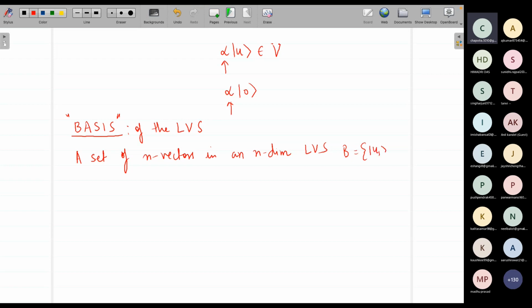So U1, U2, let's say Un. So a set of n vectors in an n-dimensional linear vector space constitute a basis if B is linearly independent. Sensible? Or am I missing something?